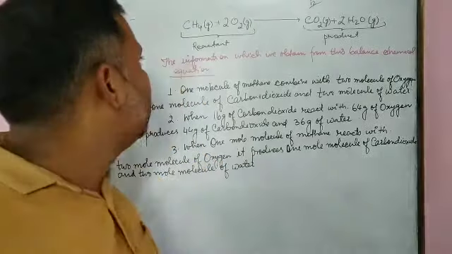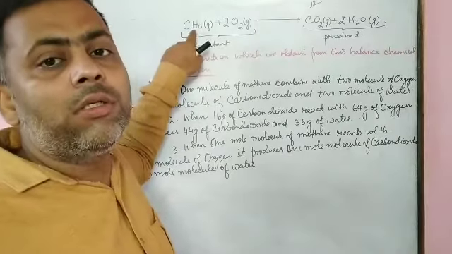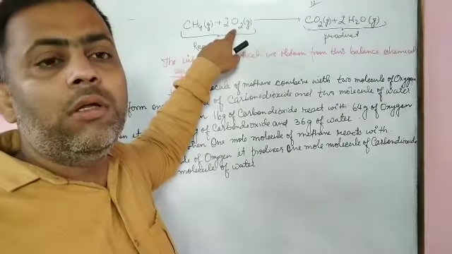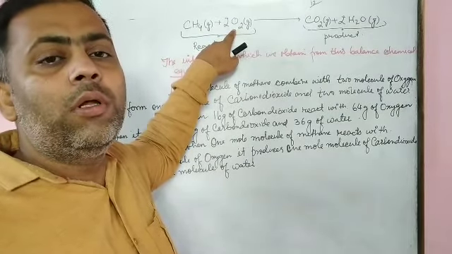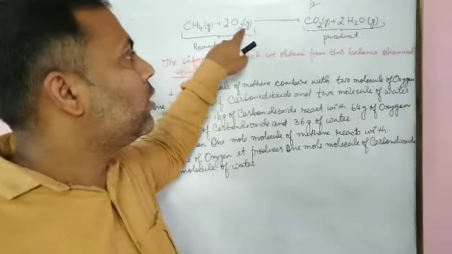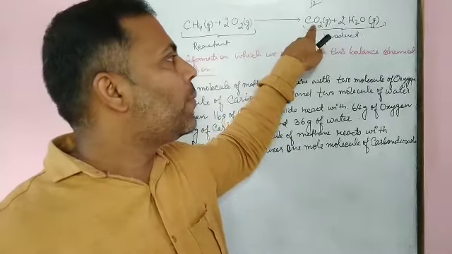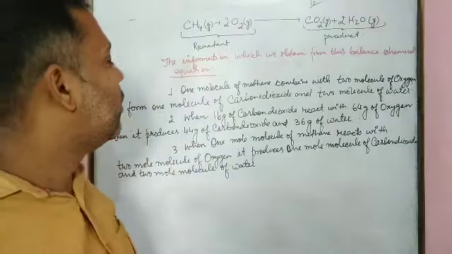It means 1 mole of methane is 22.7 liter, 2 moles of oxygen is 22.7 into 2, that is 45.4 liter, to give 22.7 liter of carbon dioxide and 45.4 liter of water.